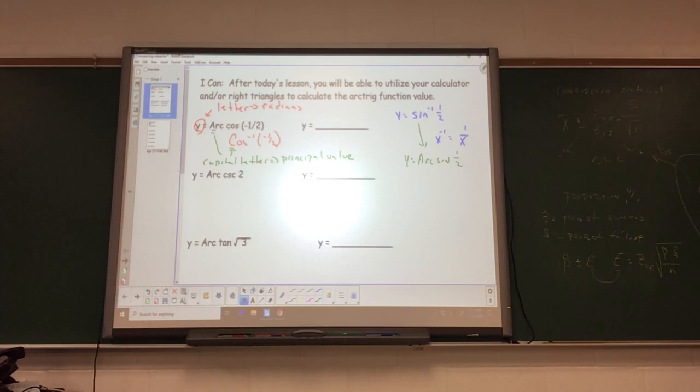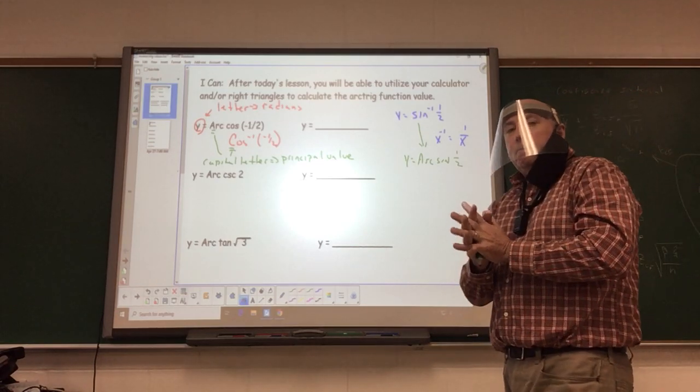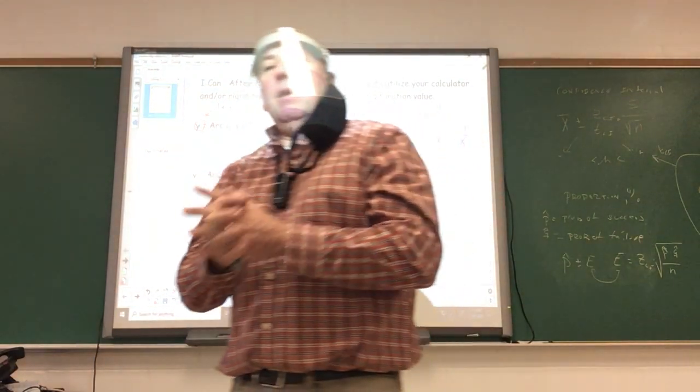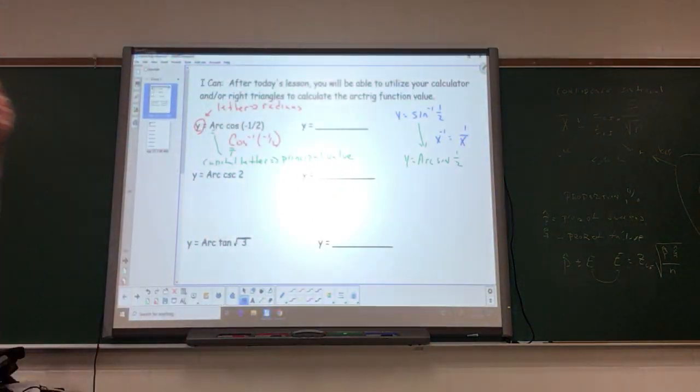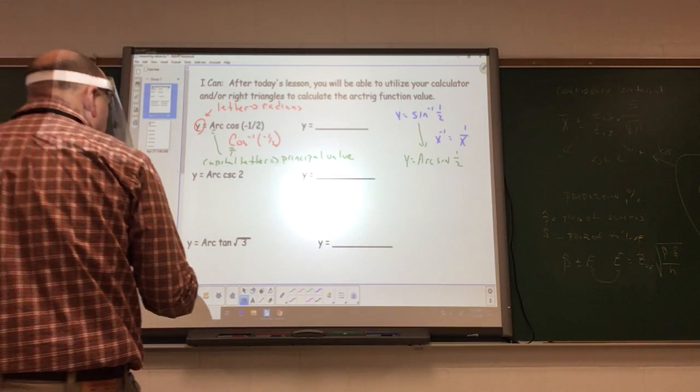I keep my calculator in degree mode. I do my inverse cosine of -1/2 in degree mode and come down to a degree value, which is what? 120. This comes down to 120 degrees.